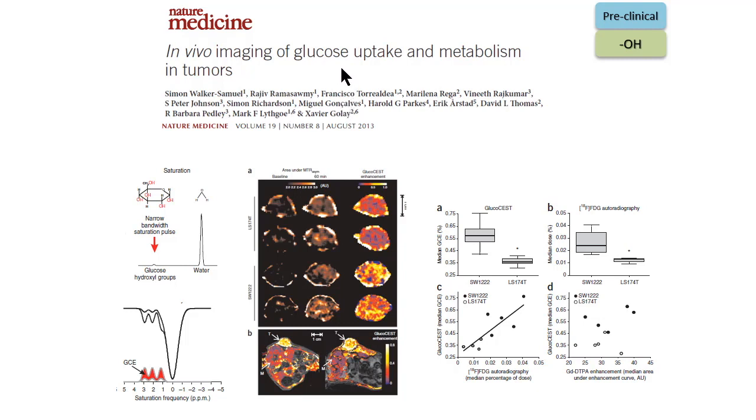Another small molecule that can be delivered to the patient is simple glucose. Glucose contains several exchanging protons that can be properly irradiated, and therefore they transfer saturated magnetization to the bulk of water.